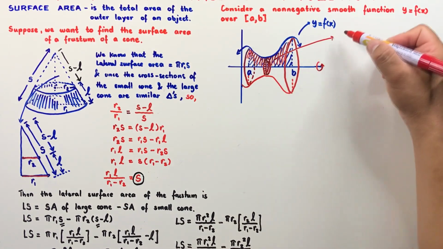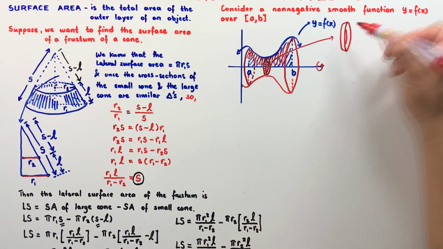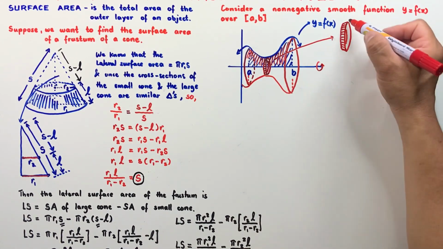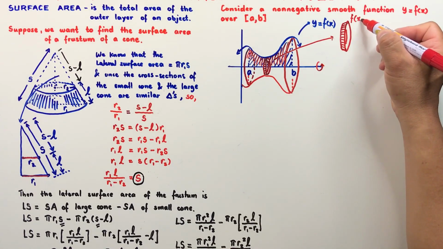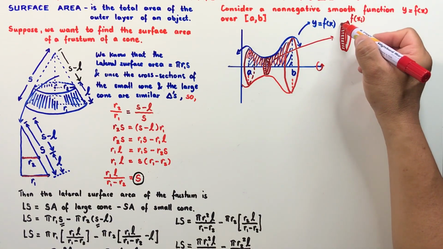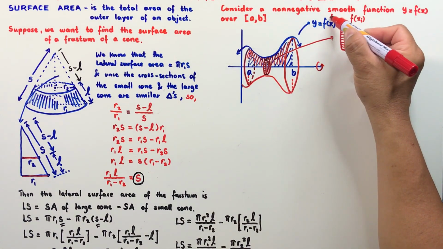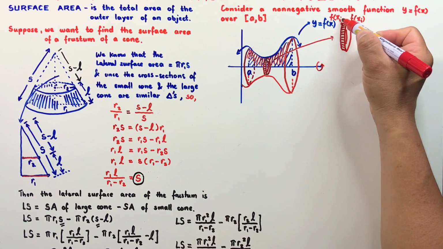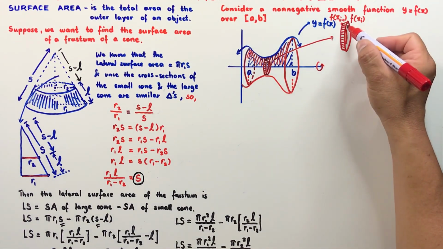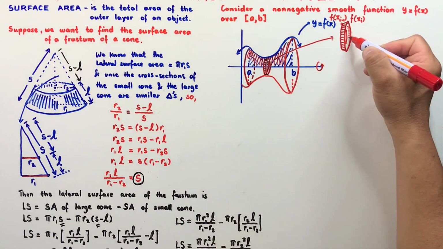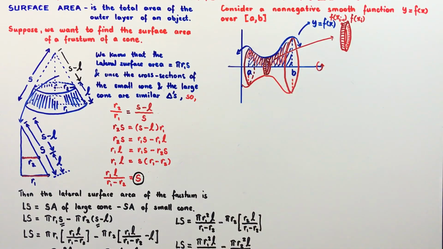So if we magnify this slice here, this is our slice, and at this point, suppose this is having a y of f of x sub i. This point here is having an x before x sub i, so this is f of x sub i minus 1 there. And we call this one the incremental slice, if we slice the whole surface into infinitely many slices.